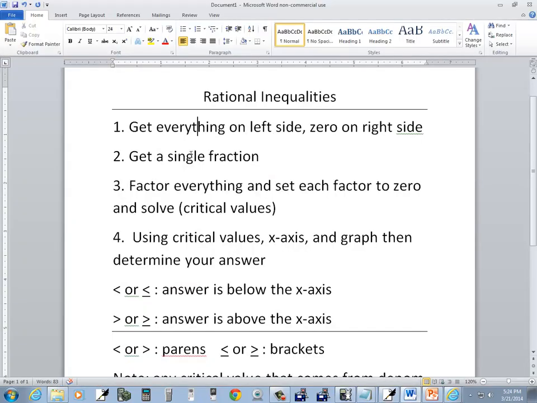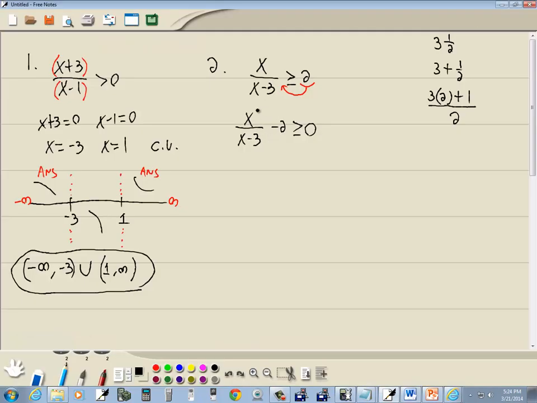This next step says get a single fraction. This, even though it looks kind of weird, is still a mixed number form. So we're going to take the number off to the side, the negative 2, and multiply it times our denominator. So take negative 2 times x minus 3, and then we'll add what's up on top, which is an x. And your denominator stays as is.